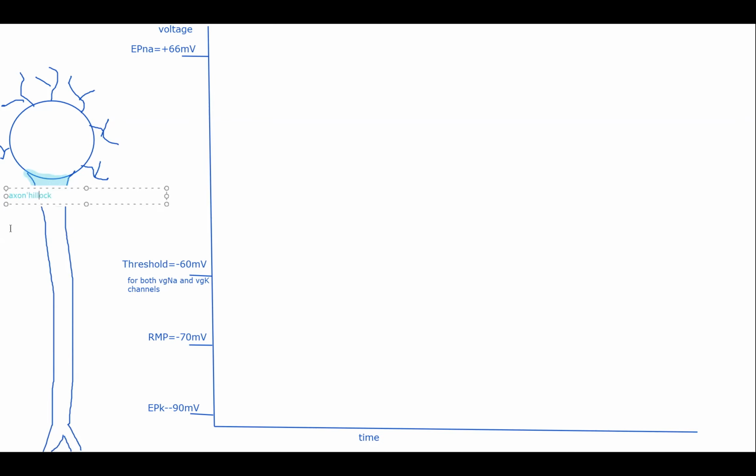Remember, this is the trigger, this is the transformation area where we get from the specialized plasma membrane of the axon to the non-specialized plasma membrane of the cell body.